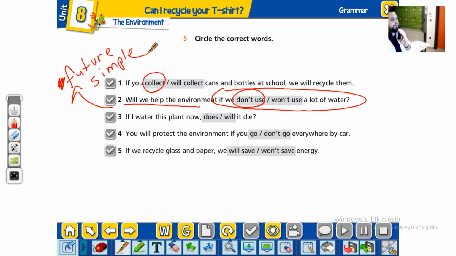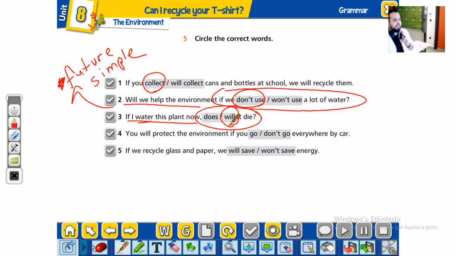Number 3, if I water this plant now. Water means to give water or to pour water on something. Yani sulamak anlamında kullanılıyor burada. This part is our condition part. In this part we are going to use simple present tense, and in the main clause part, the result clause, we are going to use future simple.